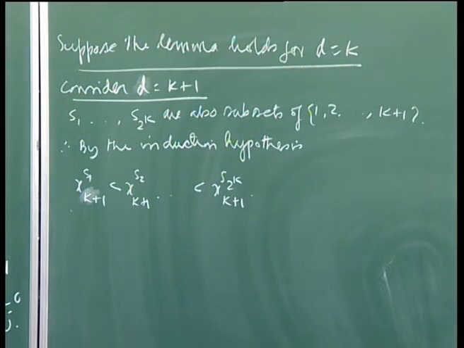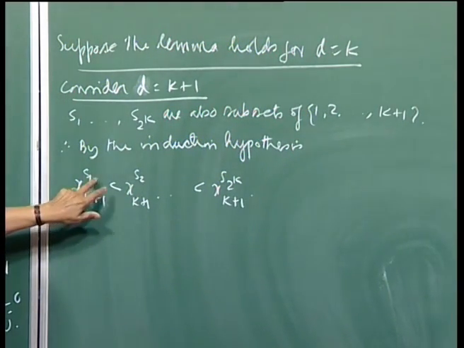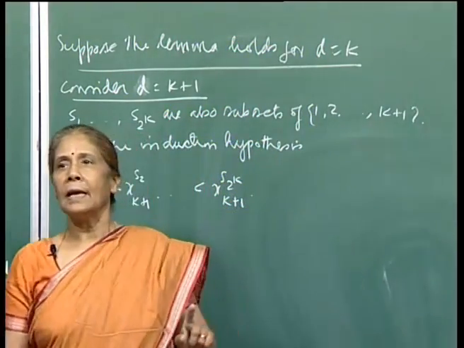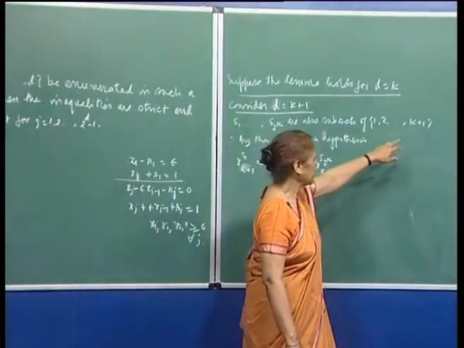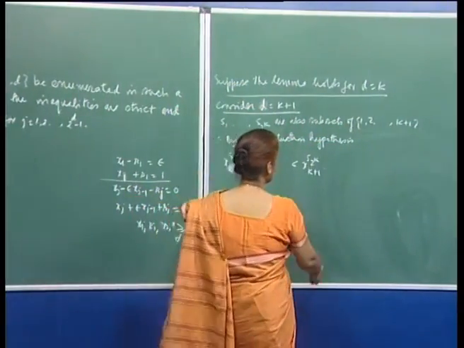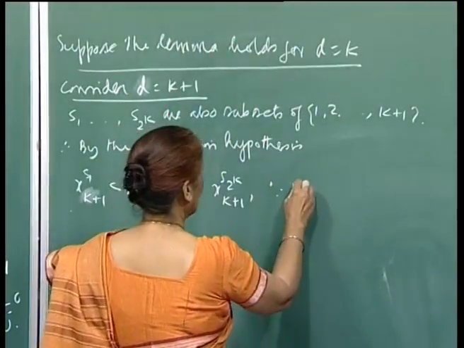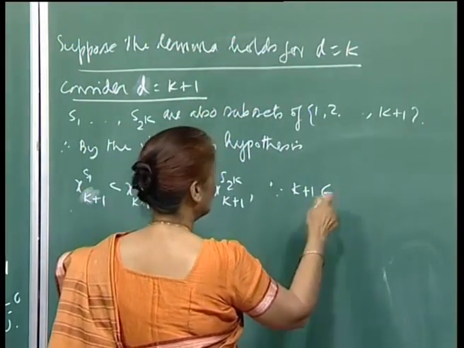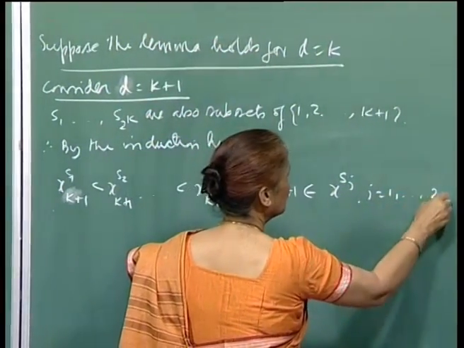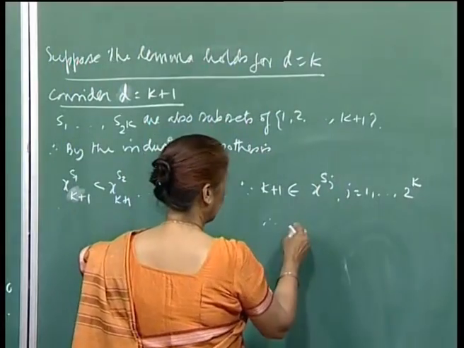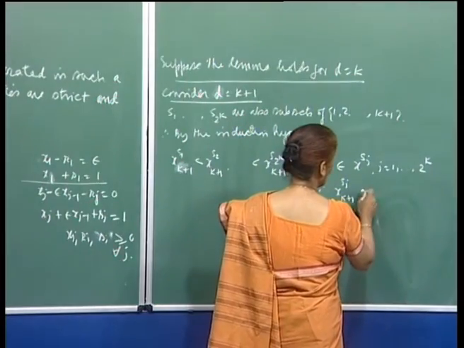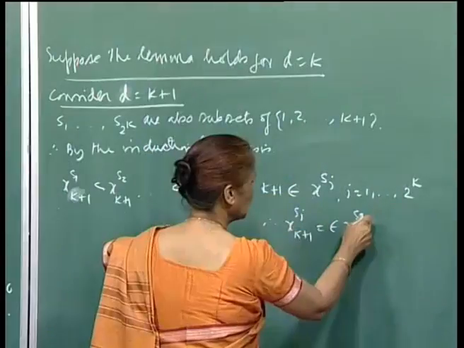Why? Because you see the sets S1, S2, up to S 2 raised to k, when they are subsets here, they do not contain k plus 1, right. And so, then why should I be able to say this, and why should this hold? Since k plus 1 does not belong to x s j, j varying from 1 to 2 raised to k, therefore x s j k plus 1 is equal to epsilon x s j k.